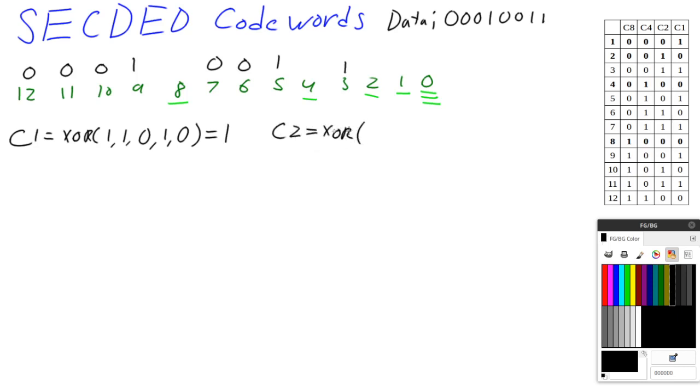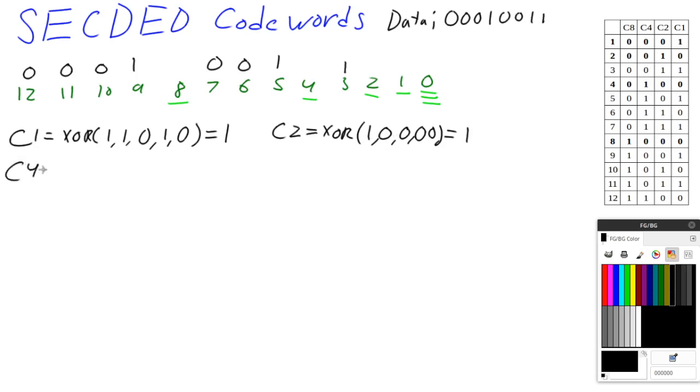C2 is going to be the parity bit of 3, which is a 1, 6 and 7, that's 2 zeros, and 10 and 11, those are 2 zeros. So it looks like our parity bit should be a 1, because we have 1, 1, which is an odd number.